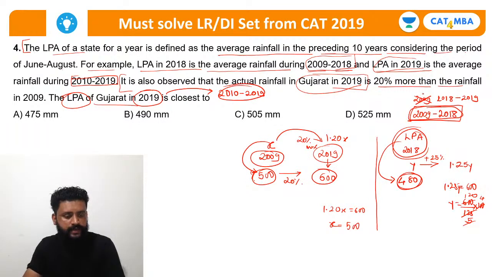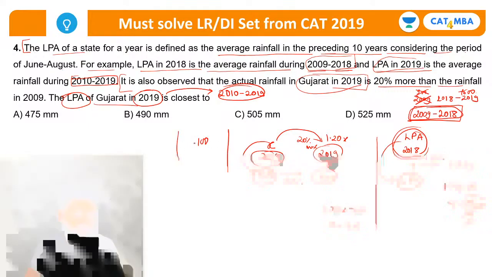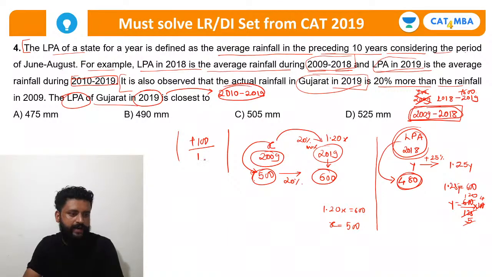So 2009 is 500 gone and 2019 लिया तो 600 add, so there will be a change of 100, and this 100 will be divided in 10 years, so the LPA will increase by 10.